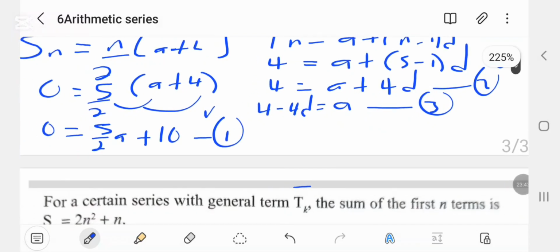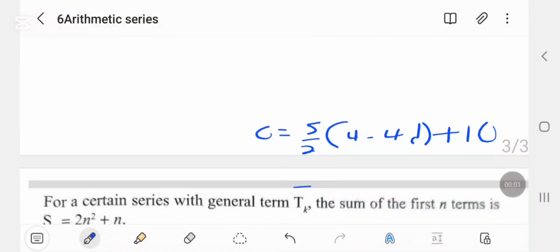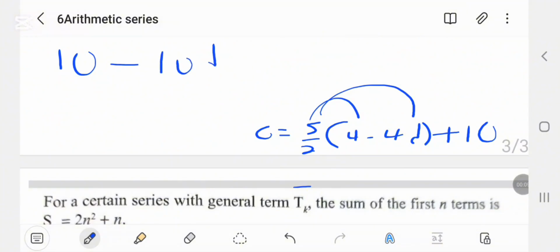So equation 1 we have 0 is equal to 5 over 2 times (4 minus 4D) plus 10. So 5 over 2 times 4 is 10, and then 5 over 2 times minus 4D is minus 10D. We have 0 on this side, and then plus that 10.